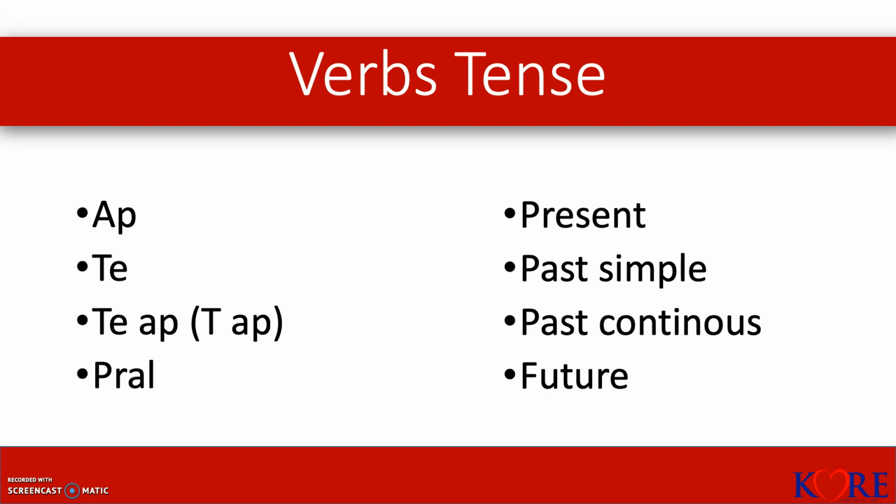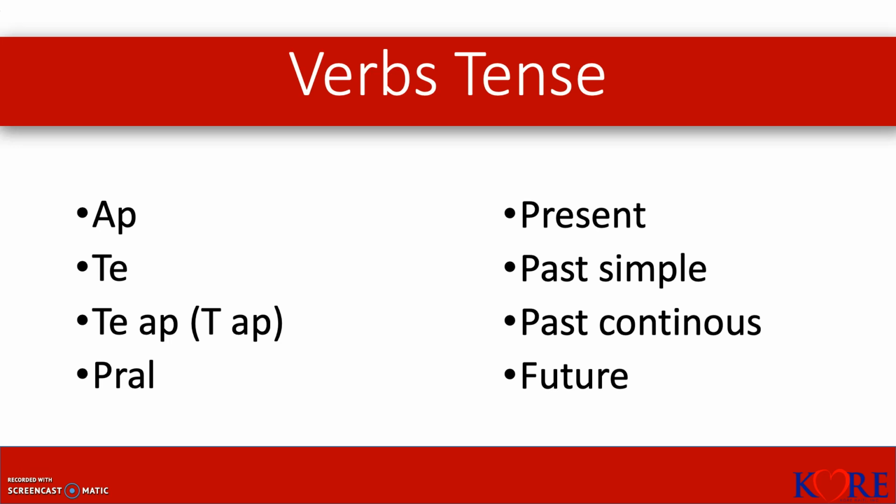So, ap is placed in front of a verb to indicate present tense. Te is used in front of a verb to indicate past simple.